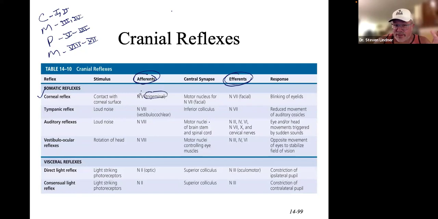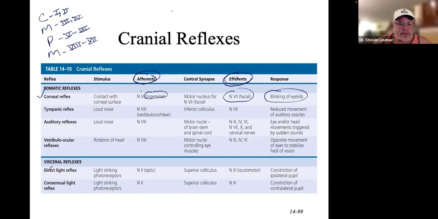It has 3 divisions, V1, V2, and V3, where the V1 section is the ophthalmic branch, the V2 section is the maxillary branch, and the V3 section is the mandibular branch. So the V1, the ophthalmic branch, is the sensory to the eye, and then cranial nerve 7 is motor, that's efferent. And when something touches the eye, the response is you're going to blink.